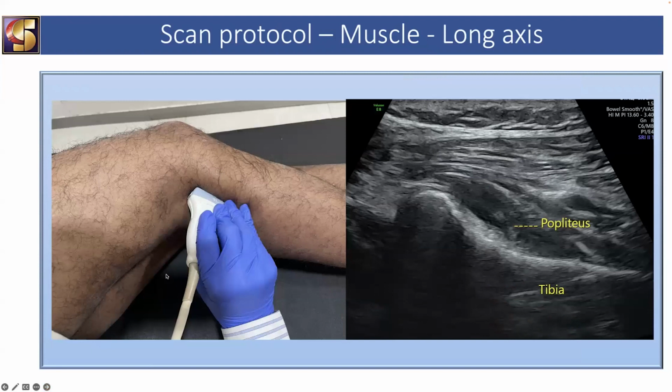So coming to the muscle belly, evaluating, first I will do it in a long axis because that is easier. The transducer is in coronal oblique position. The patient is in the same position. First, identify the bony landmark, that is the proximal end of the upper third of the tibia. Here we can see the belly of the popliteus muscle with linear striations within it.